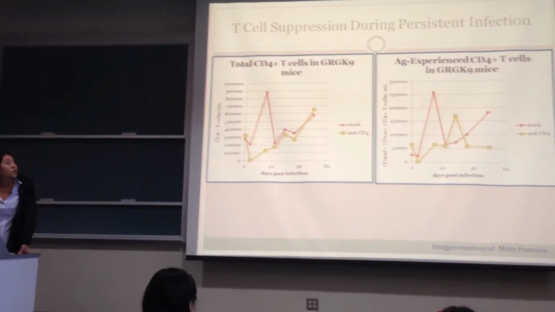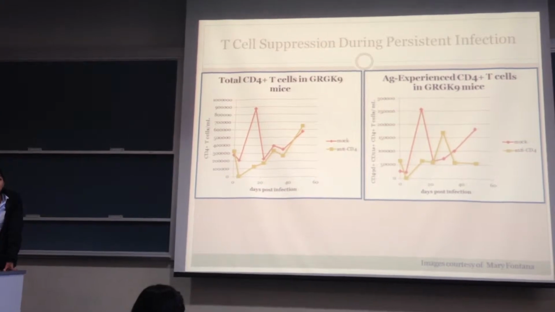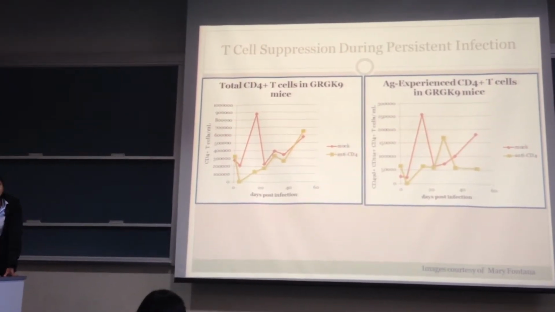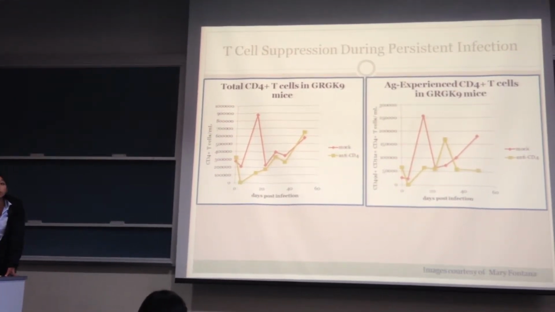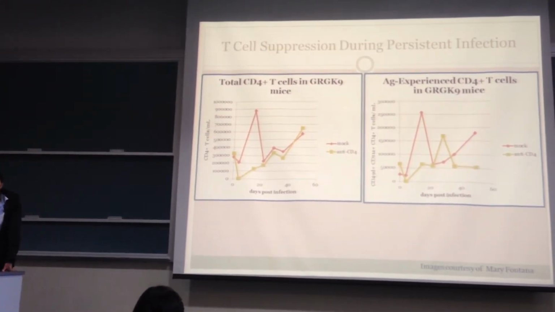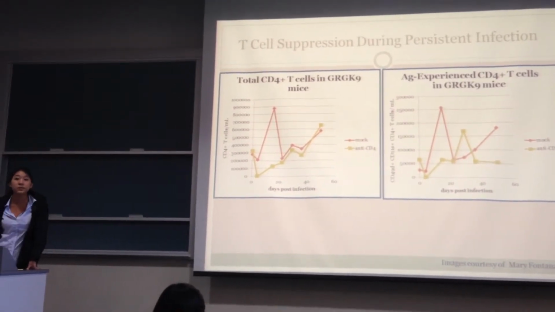We also see T cell suppression during persistent infection. Initially, after treating with the GK1.5 antibody, which depletes CD4 positive T cells, over time the CD4 positive T cells do repopulate. However, fewer are antigen-experienced CD4 positive T cells, that is to say, specific for the malaria.